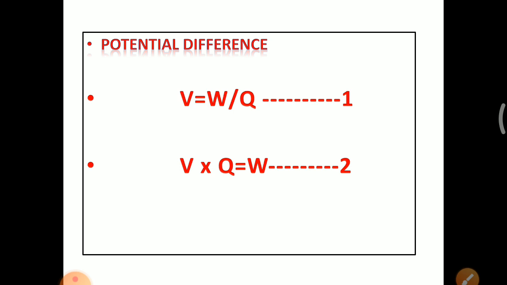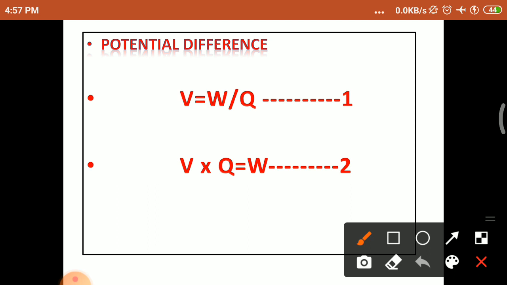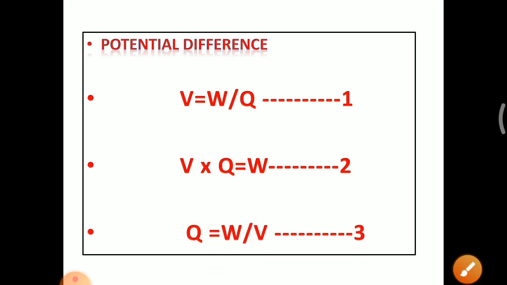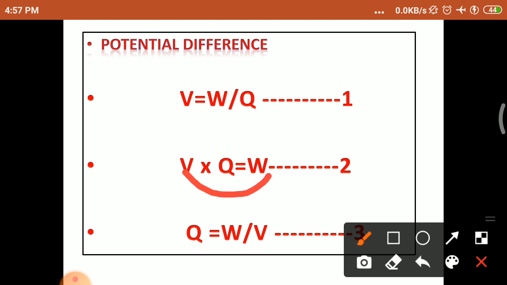So W equal to V into Q. When the Q comes to this side, V into Q is W. The next one, Q equal to W by V. When the V comes to this side, Q equal to W by V. These three equations are very important for numerical problems.